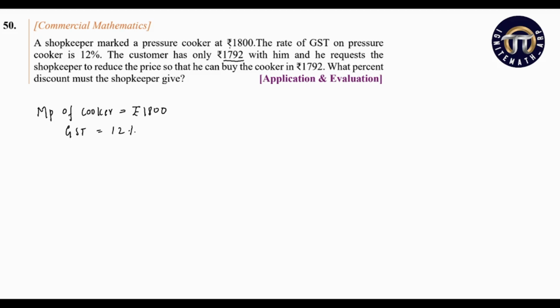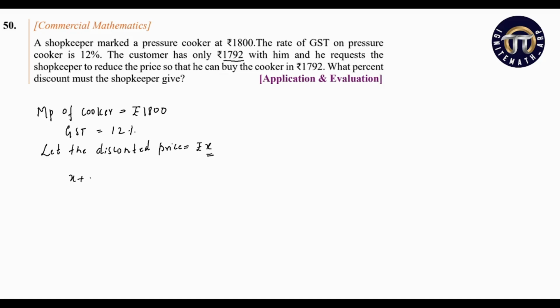So now obviously 1800 should be reduced to give the cooker to the customer for 1792 including GST. So what I do here is, let the discounted price of the pressure cooker be equal to rupees x. On this x, 12% tax is imposed.